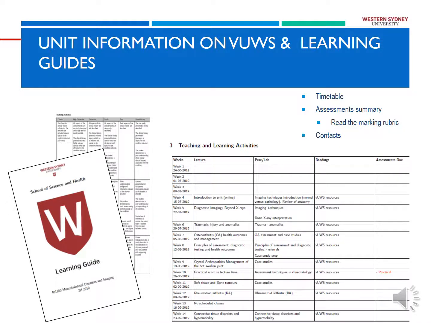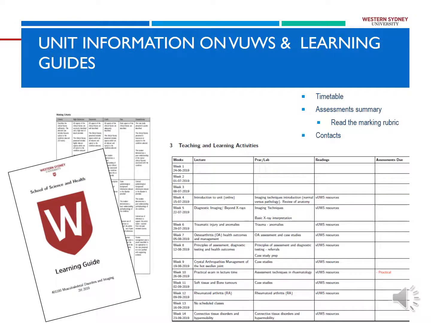This is where it has quite valuable information, particularly around your timetable, contact hours, as well as your assessment processes. So it is important to review this in terms of your timetable so that you're aware when you are scheduled. It provides, again, information around the assessment summary, and please do read the marking rubric. It is designed so that you can see in each category what the expectation is.